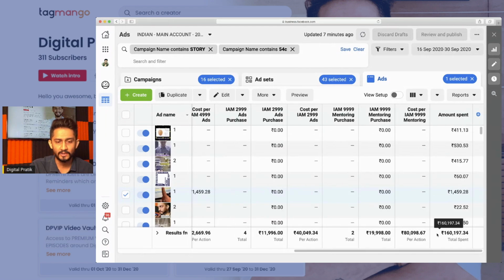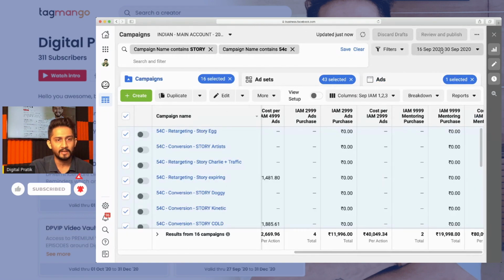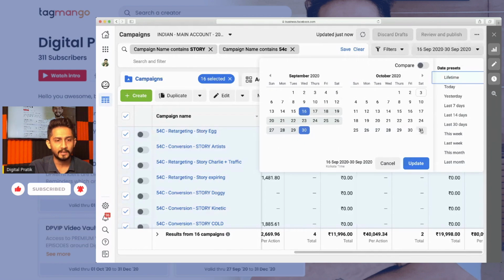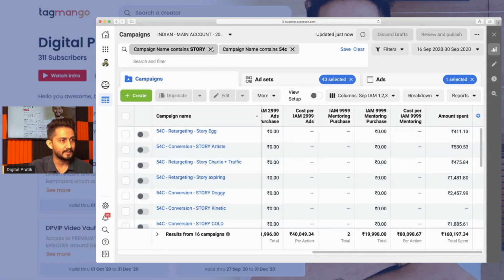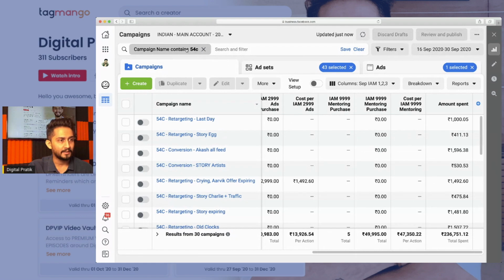So in total as well, you can see from 16th to 30th, for a couple of ad sets, this much was spent. Or let's say I'll just go to campaigns straight away, and let's pull out the data for 16th to 30th September. And let's not select anything. Let's remove the story, and just the 54C, which is just for the 500 rupees product.